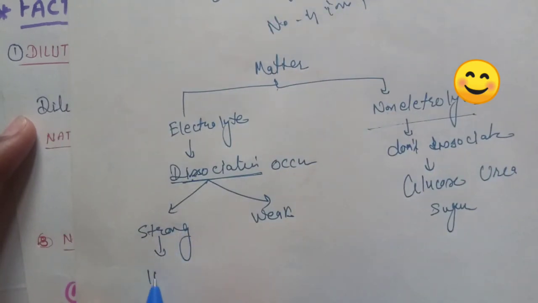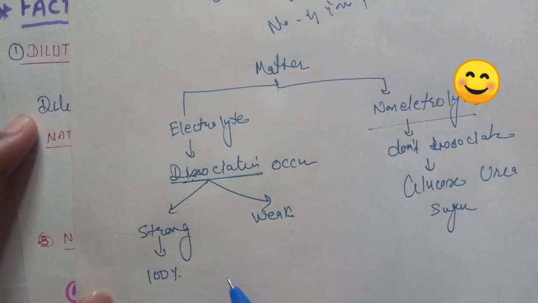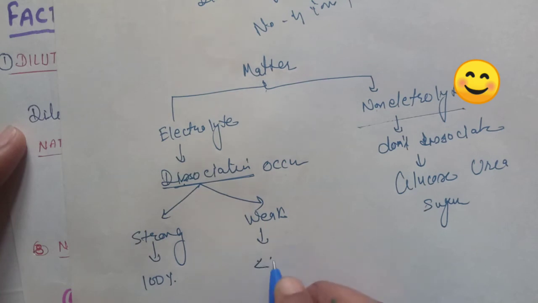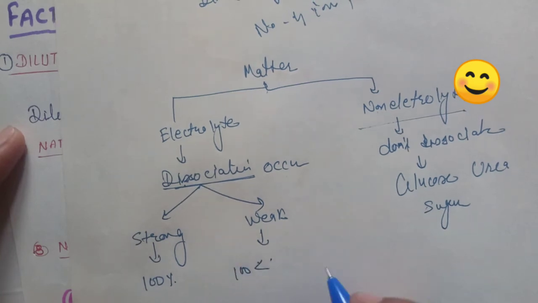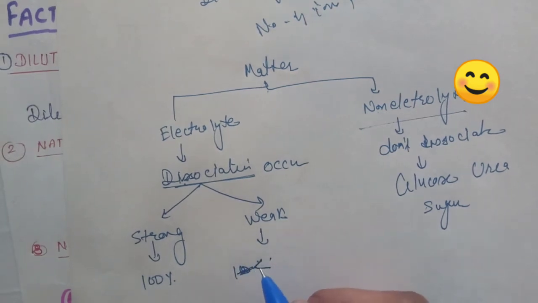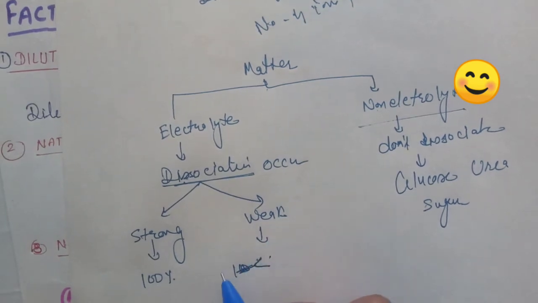Strong electrolytes means 100% ionization occurs. Weak electrolytes means less than 100% ionization occurs. These are acids, bases and salts.